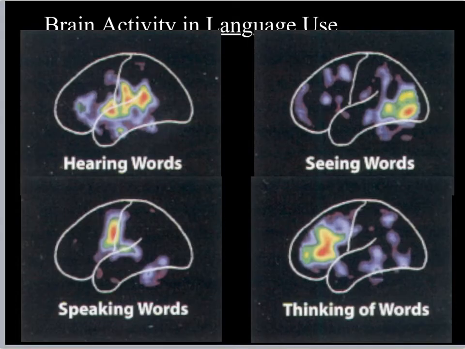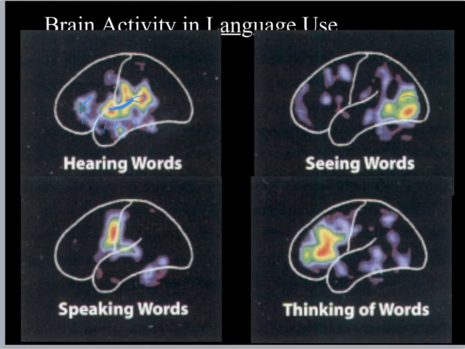One of the interesting things about language is that when they do MRIs of brains and look at blood flow or other components of these scans, you can see how the brain is affected by different types of language. With hearing language, activity concentrates near the auditory processing areas, but also employs some of these other areas.